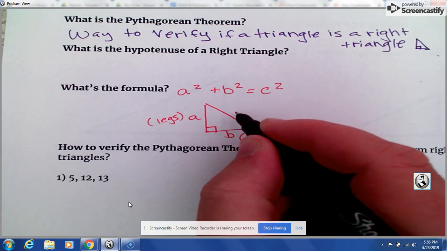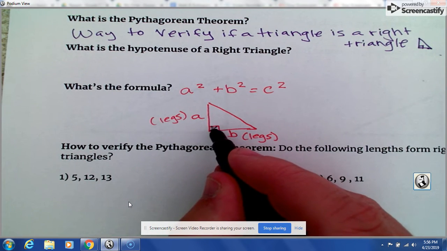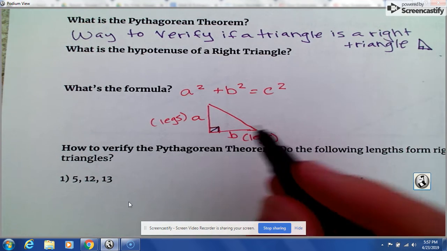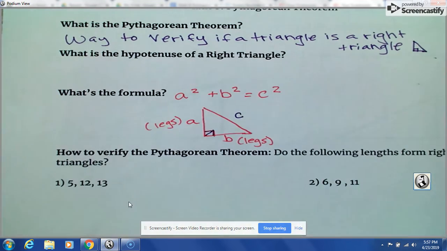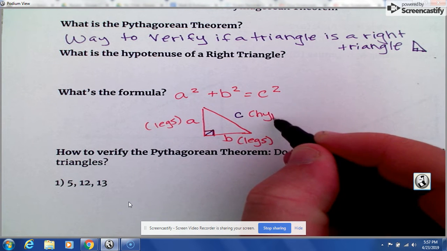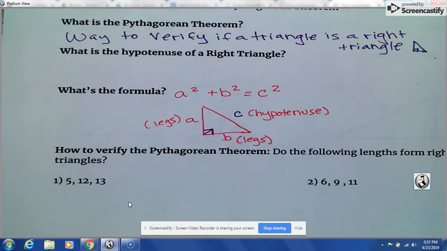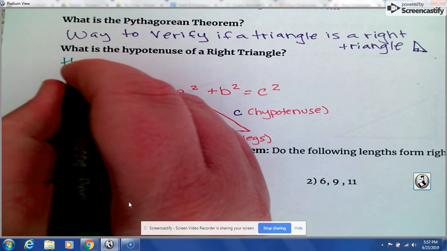And then across from the little box in the corner indicating it's a right triangle, kind of makes a little arrow, I'd say, is C, okay? And C is what they call the hypotenuse, okay? It's a slant. So what is the hypotenuse? It's the longest side of a right triangle.